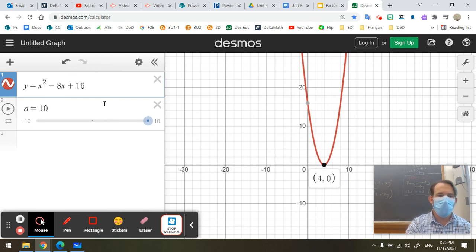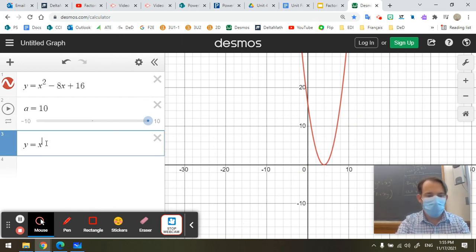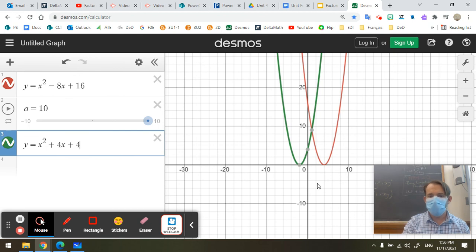And I can create more of these perfect square trinomials. y is equal to x squared plus 4x plus 4. That's also a perfect square trinomial. It's (x plus 2) squared.